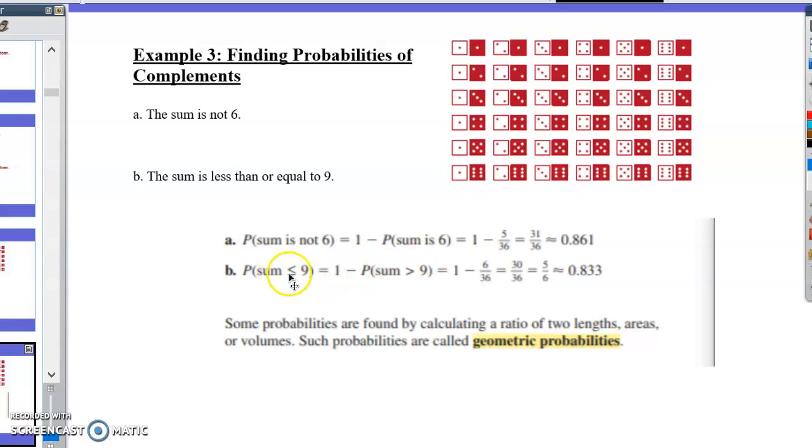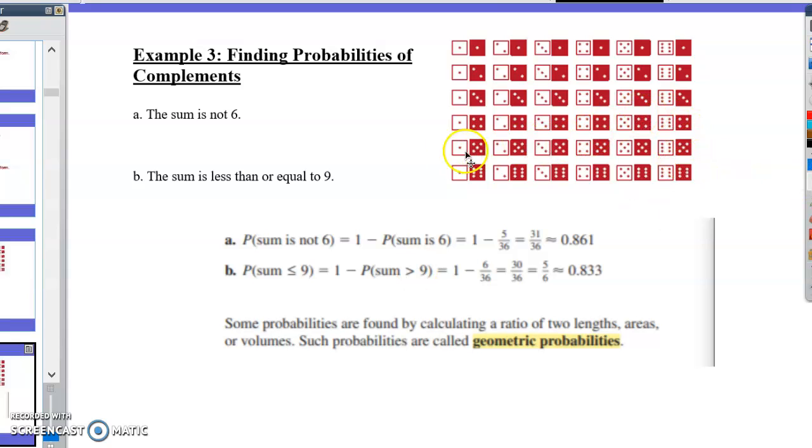Now, where is the sum less than or equal to 9? Well, there's a lot of places where it's greater than 9. So where is it less than or equal to 9? Well, I can go through and look at the complement. There are 6 places where my sum is greater than 9.